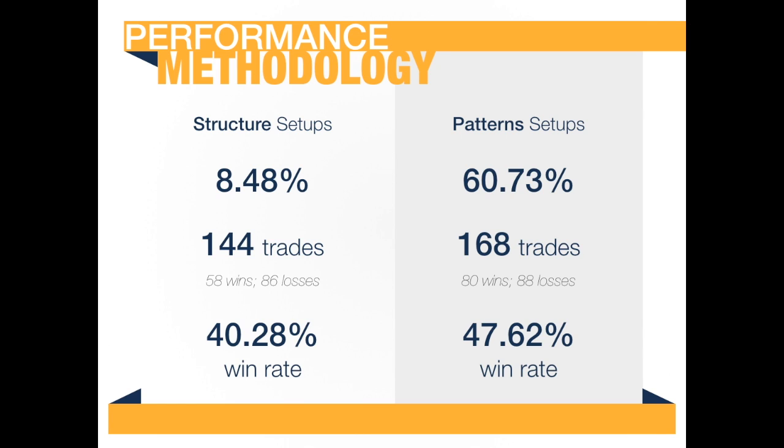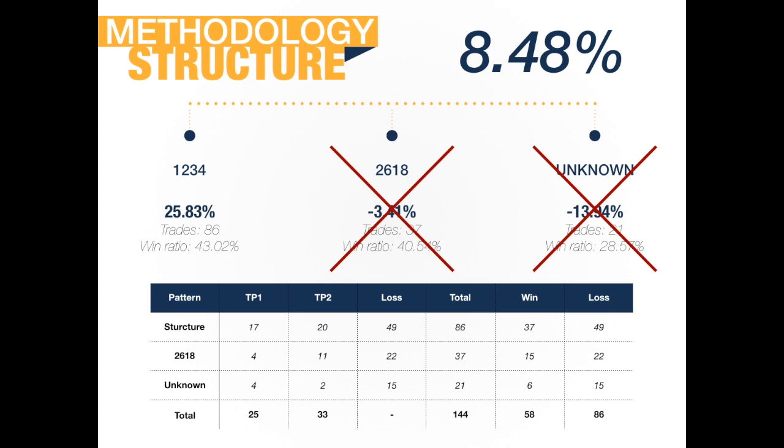In terms of methodology, structure and patterns both give you a positive return, so there's no reason to omit any. But breaking it down in more detail, you can see the 1, 2, 3, 4 overall is positive, but 2, 6, 1, 8 in terms of the counter trend strategy is not giving a positive return.